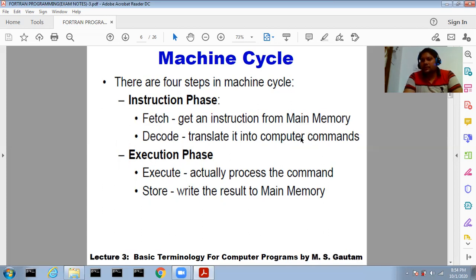In the execution phase, the computer executes some arithmetical or logical operation, depending upon the instruction given by its user. After performing the operations, the results of that process are stored in its main memory. So the machine cycle is basically broadly classified into the instruction phase and the execution phase.